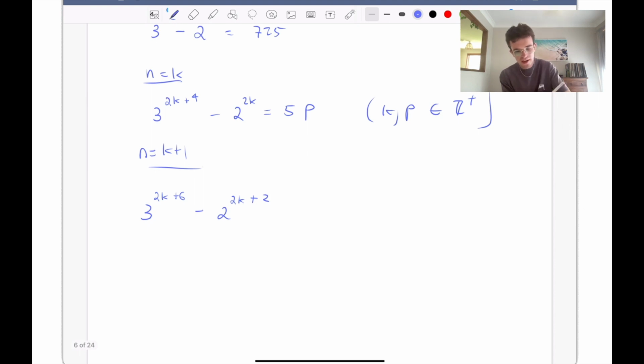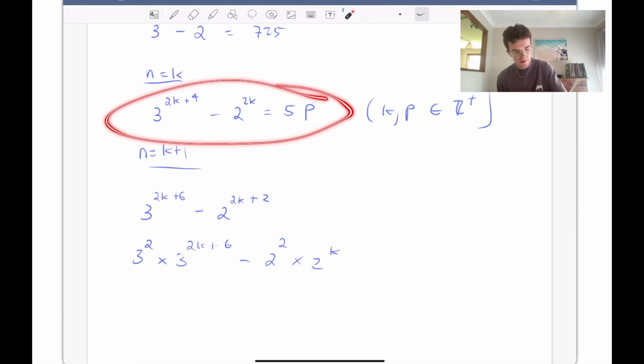Now we want to try and get 2k plus 4 here and a 2k here. So we're going to split this up into 3 squared times 3 to the 2k plus 4, minus 2 squared times 2 to the 2k, because now these are in terms of this assumption up here.